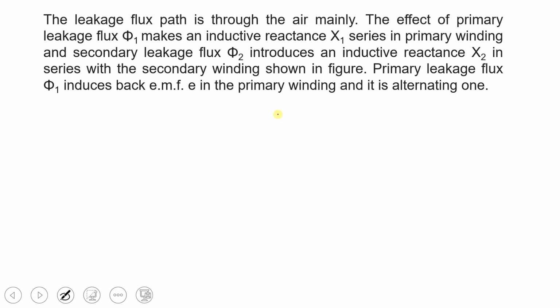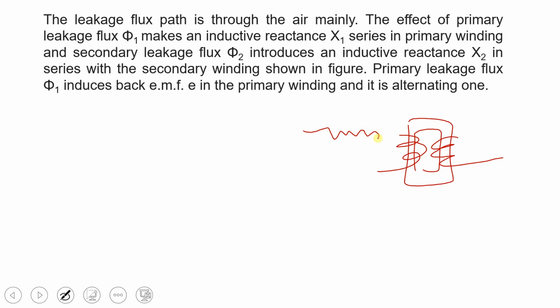The effect of primary leakage flux phi 1 makes an inductive reactance X1 in series with the primary winding, and in the secondary, leakage flux phi 2 induces an inductive reactance X2 in series with the secondary winding, as shown in the figure. As we have the primary side and secondary side, here we have the resistance, and I'm talking about X1.